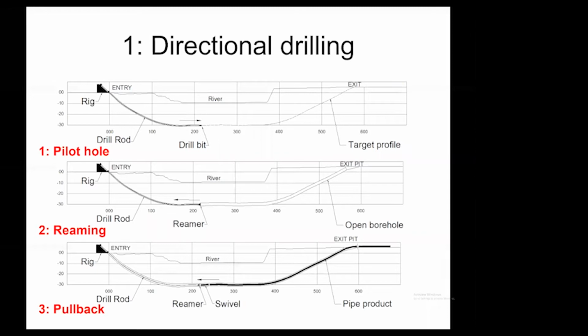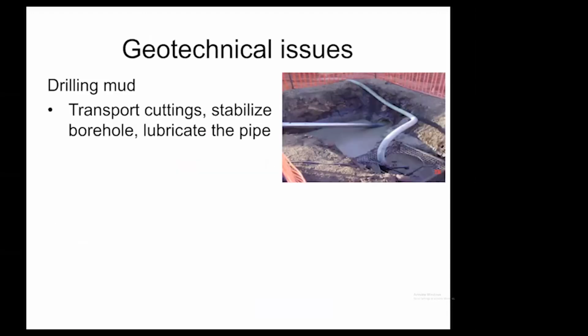Finally, after reaming, we direct the drilling string back to the exit pit, on the other side of the river. We attach the new pipe to the end of the drill string, and then we retract that drill string. We recover it back to the left side of the picture, bit by bit, and as a result, pull the new pipe into place. So it's a way of drilling a hole for a new pipe and installing the pipe into that hole.